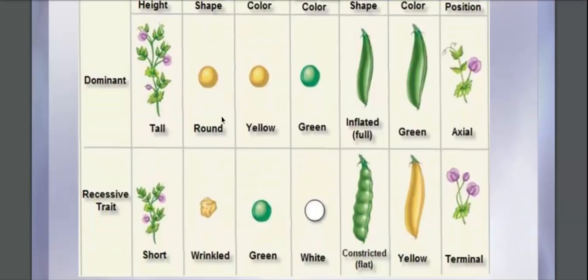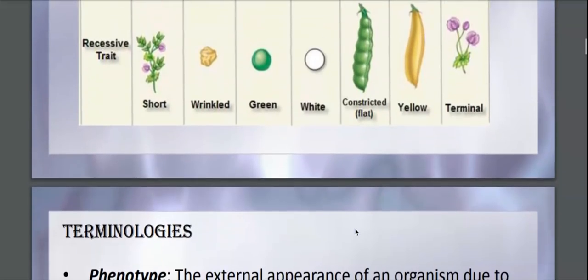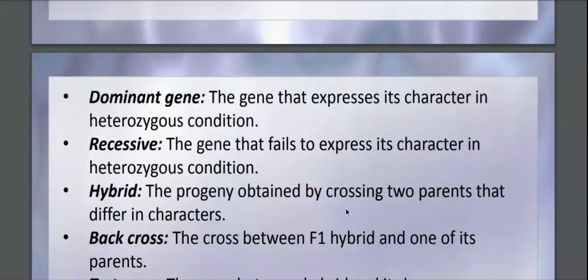Round is a dominant trait brought by capital R, whereas wrinkled seeds by a recessive gene, small r. Similarly, whatever is dominant, you will write the capital sign. So for yellow, the gene will be capital Y. For green, since it's recessive, it will be small y. Inflated, capital I. Constricted, which is a recessive trait, will be small i. I hope this is clear. So this is the dominant gene which causes the expression of the dominant character, and the recessive gene which fails to express.